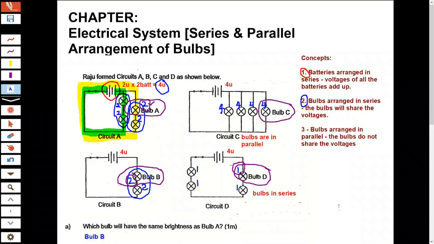And then once you have all the units written down for the bulbs, it is all about comparing. So if you are looking for a brighter bulb, it means a higher unit, equal brightness, same unit. A dimmer bulb, smaller number of units.